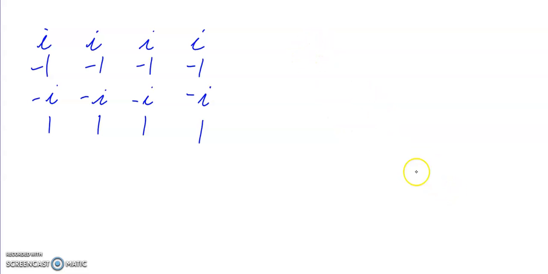So we have a rule. To make this a lot simpler, you could just repeat the pattern and keep counting until you get to the exponent. That's way too long. Just take the exponent and divide it by 4. The remainder is the power of i.